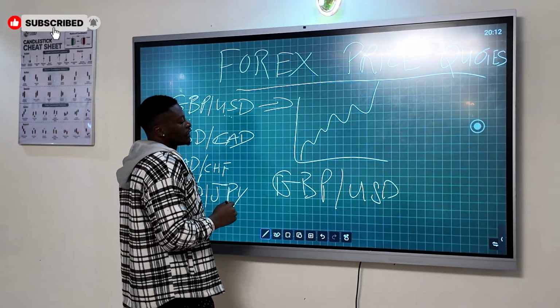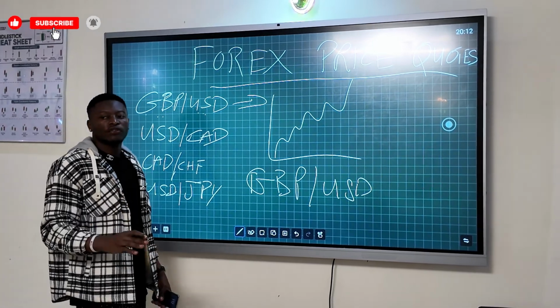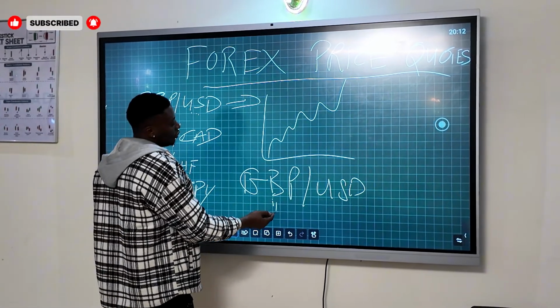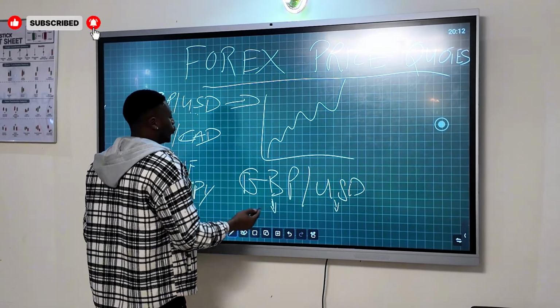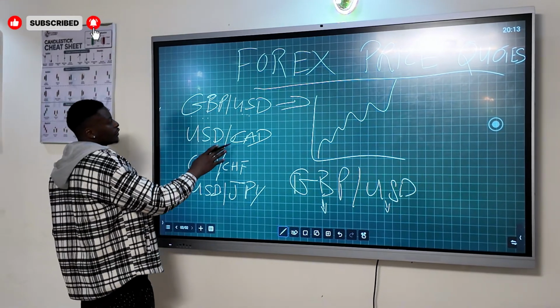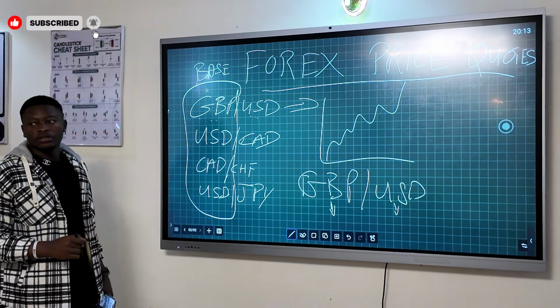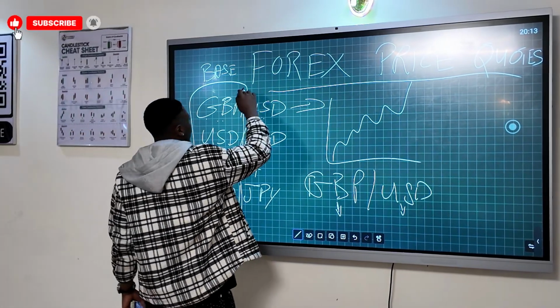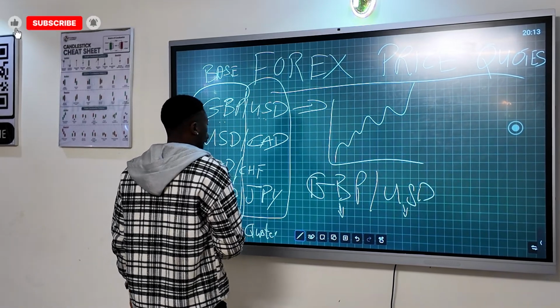The base currency, any day you come to your chart, is always going to be the one in front, while the quote currency is always going to be the one that follows, right? That's the first step. So if you look at these currency pairs, all of these are the base currencies, while these are the quote currencies.